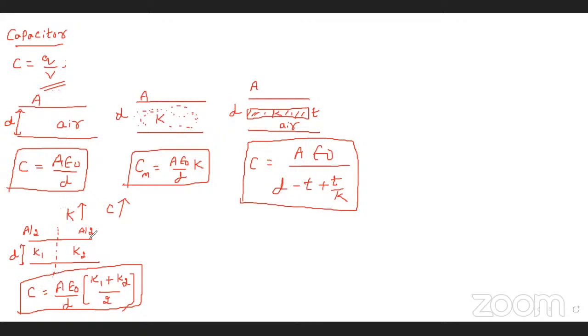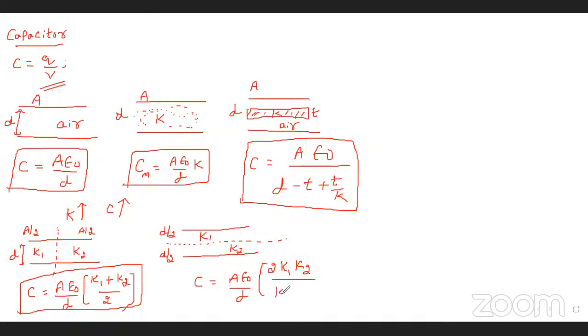When the area is divided like this, and similarly when the thickness is divided, D by 2, D by 2, first half is filled with K1, second half is filled with K2, what is the capacitance formula actually? A epsilon naught by D, and in the bracket we get 2K1 K2 by K1 plus K2. Please remember this.